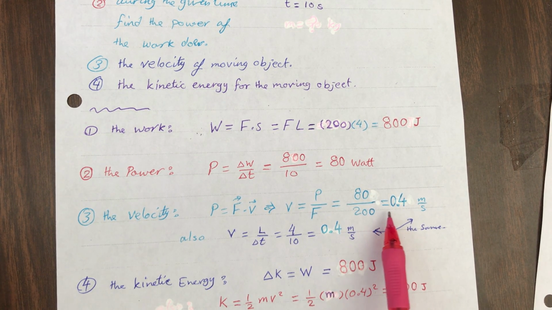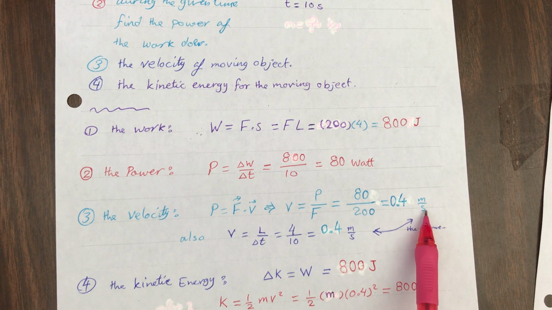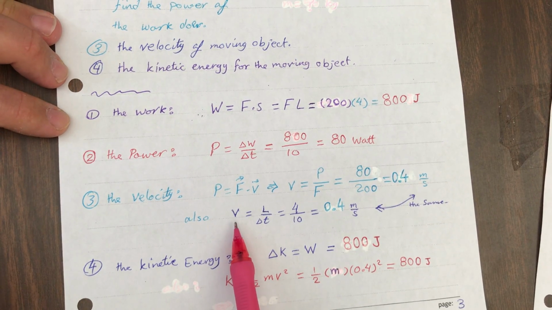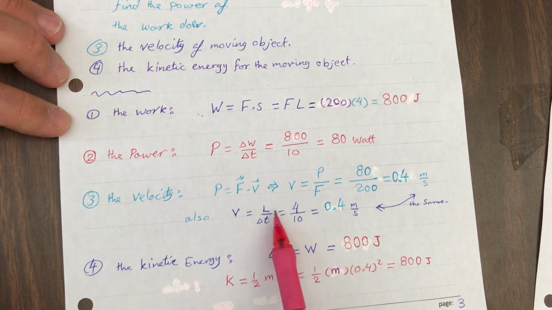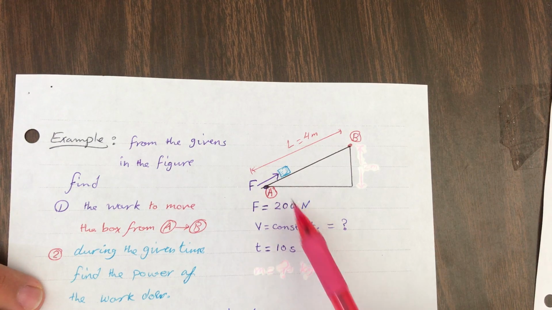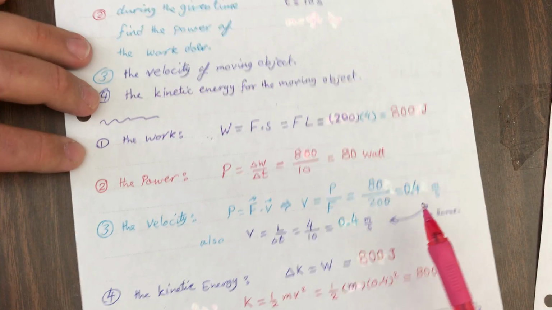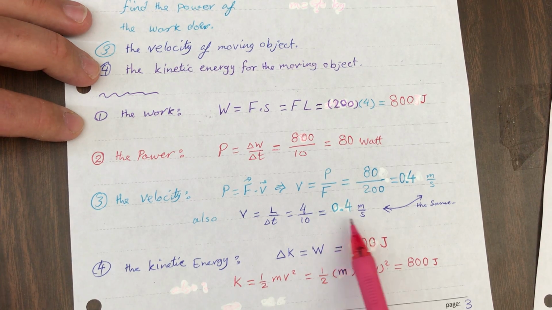The answer will be 0.4 meter per second. And we also have another way to compute this velocity, which is the distance L over the time, 10 seconds. 4 over 10, it will be the same, 0.4 meter per second.